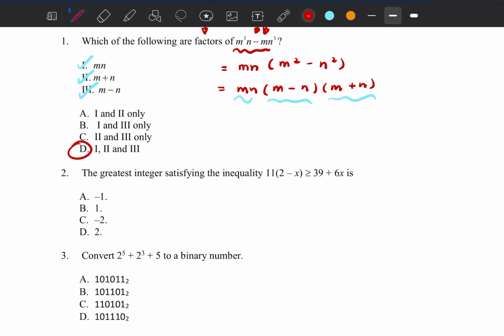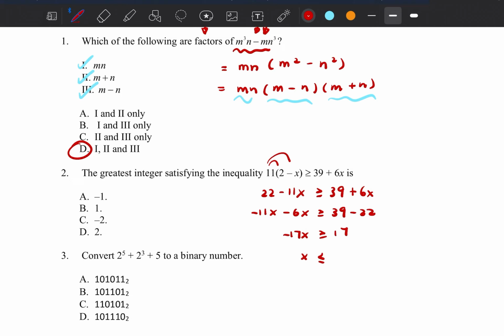For the greatest integer that satisfies the inequalities, you have to solve these inequalities and find which is the greatest integer that is satisfying. So in here, first of all, multiply the things into your bracket. 22 minus 11x, and do not change the symbols. Put all the x on one side and the numbers on the other side and simplify that. You can see the symbol hasn't changed, it's still greater than or equal to.